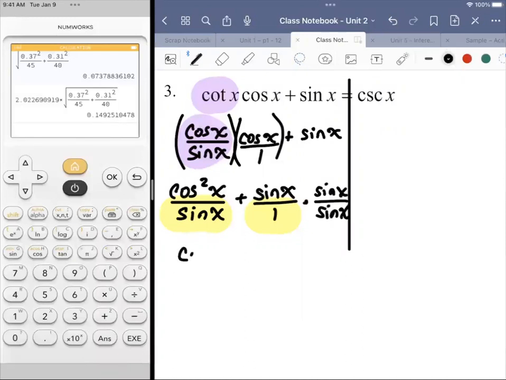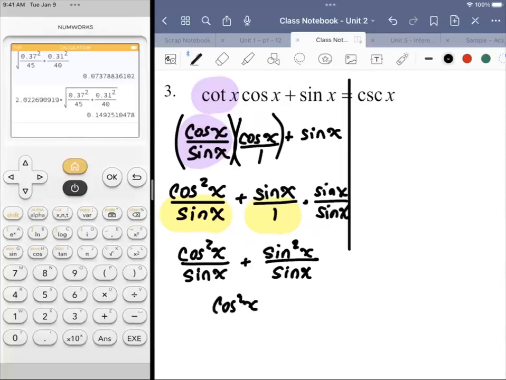My numerator over here is still cosine squared. For the second fraction, my numerator is now sine squared. Now that I have a common denominator, I can combine the numerators. So that becomes cosine squared x plus sine squared x over sine of x.